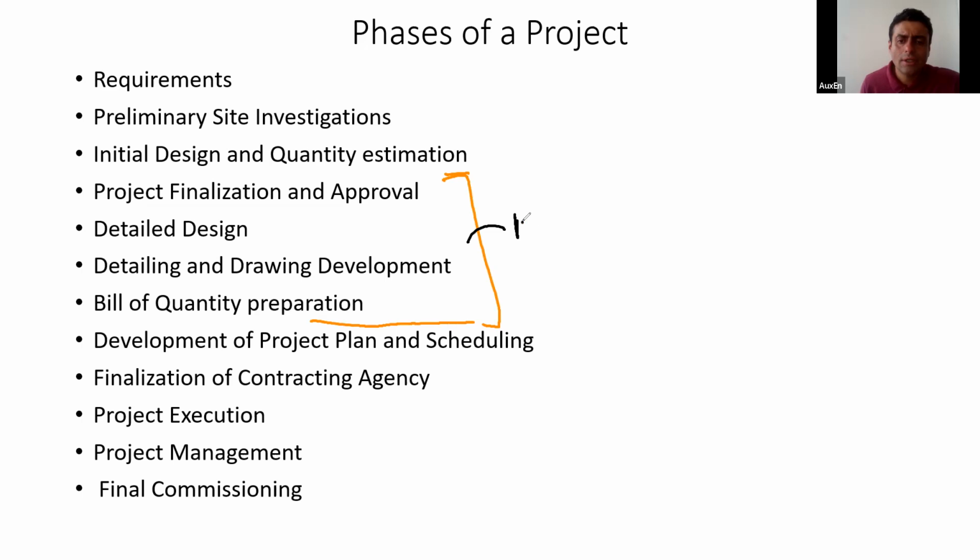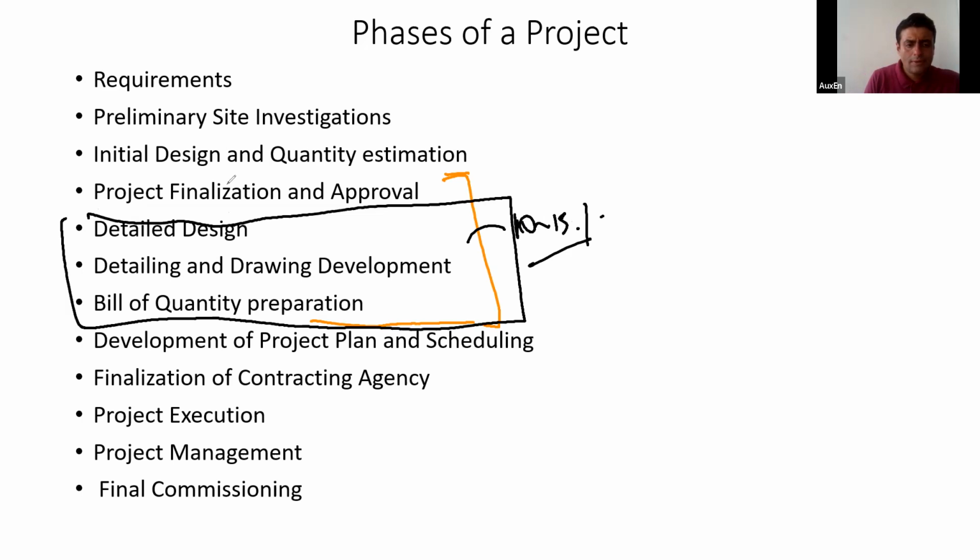I will say it's only 10 to 15% of your entire project. So this detailed design work that we are going to do in this course involves actually a very small part of the big project. Do you get it?